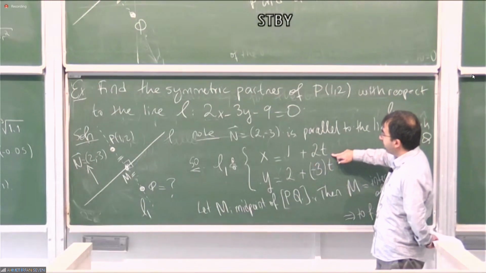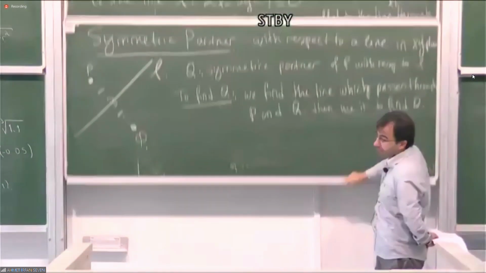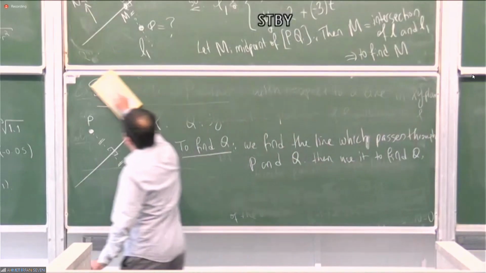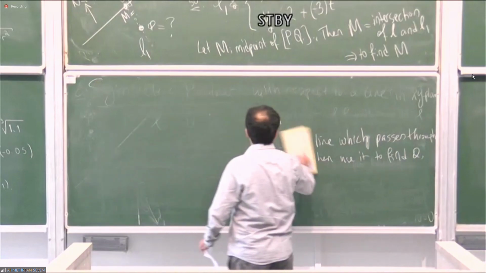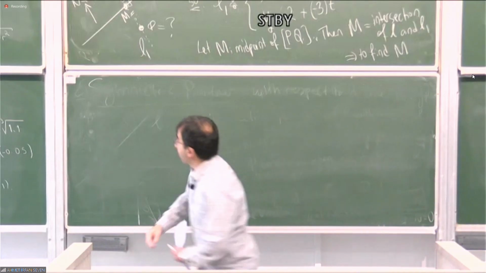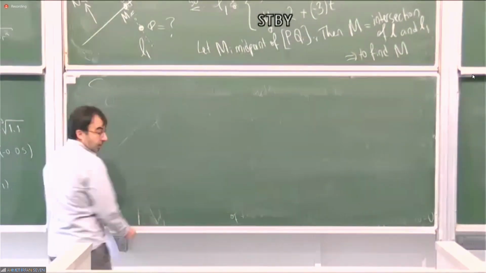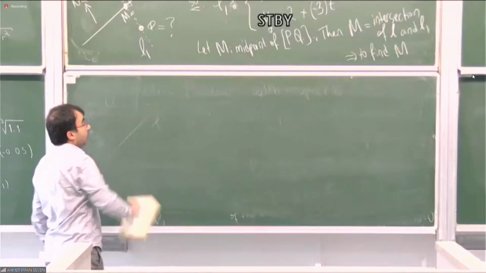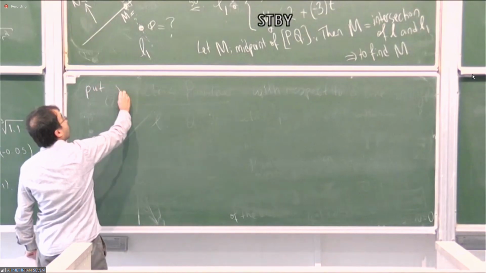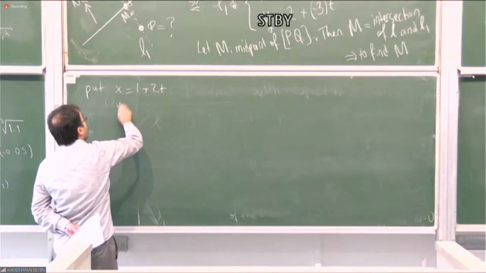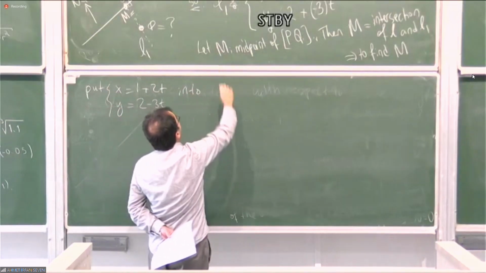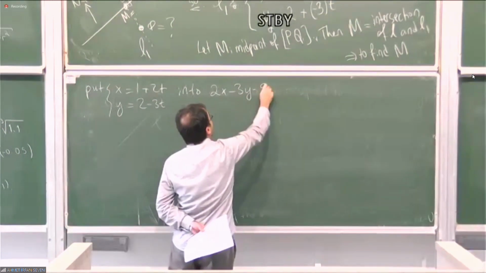I'm going to put the equations of L1, x equals 1 plus 2t, y equals 2 minus 3t, into the equation 2x minus 3y minus 9 equals 0.